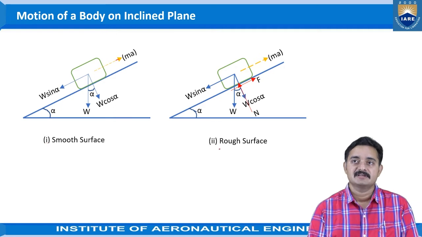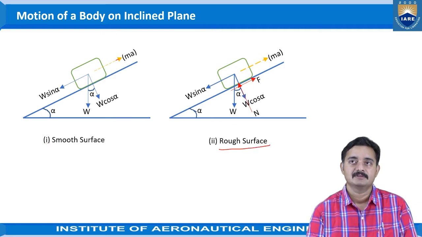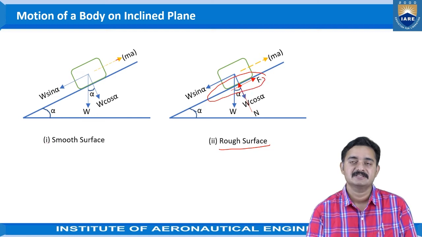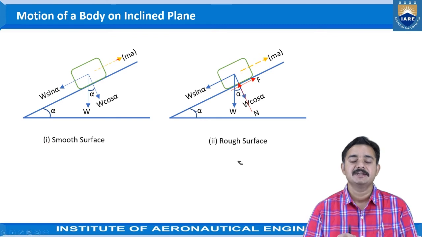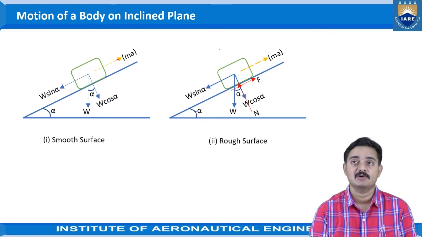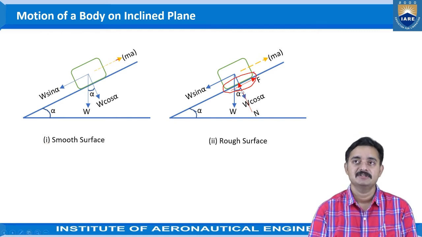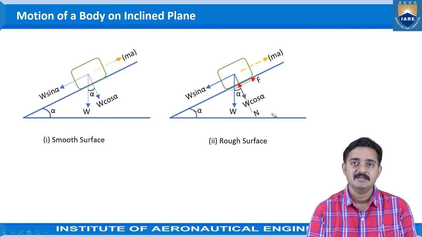So for this rough surface, the plane is represented as rough, meaning there is friction at the contact point of this body and the plane. So we will involve the concept of friction at this contact point.